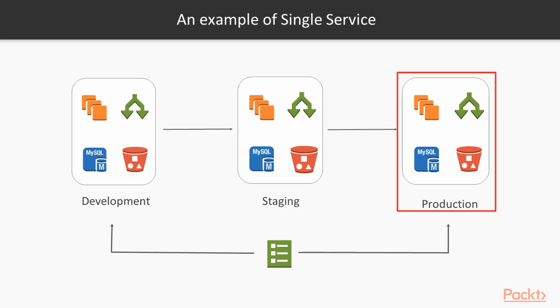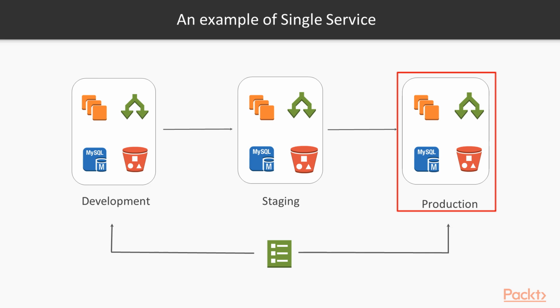So this is just an example of a single service. If you manually create the infrastructure in development, then in staging, then in production, it will be at least a waste of a day or two. And this is what the industry wants to move away from.